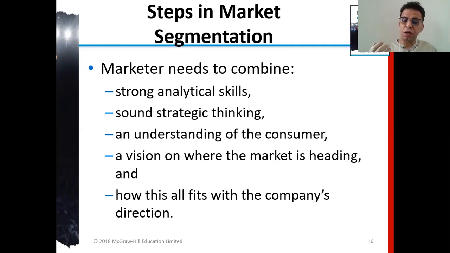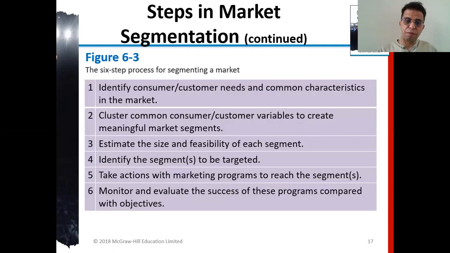Can we accommodate it with our direction, or can we adjust our direction as a company, or should we seek somewhere else? We need to see how they fit into our company direction. So these are basically the steps in market segmentation.